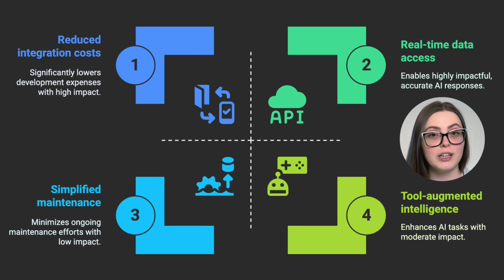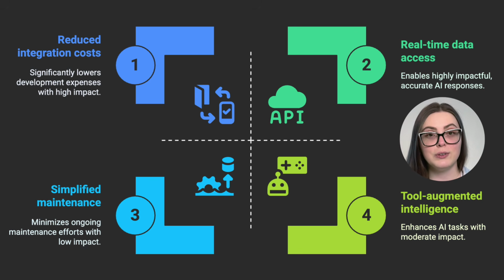Traditional API integration requires custom code development for each new tool and service we want to connect to our AI systems. This means significant developer time and resources for each integration. With MCP, we implement the protocol once, and then we can connect to any MCP-compatible server without additional custom code.